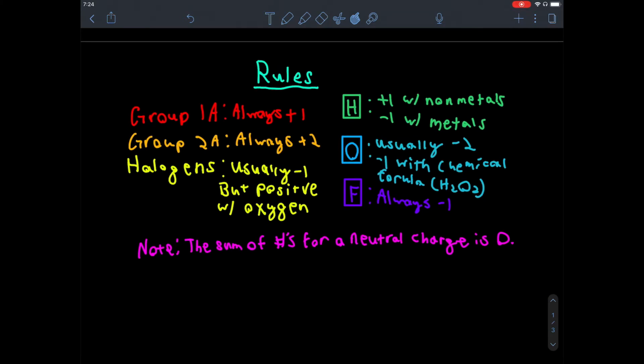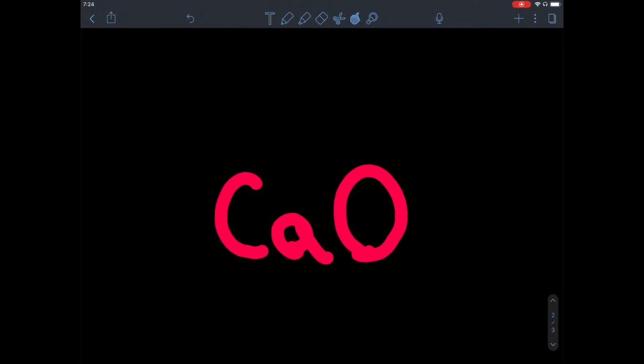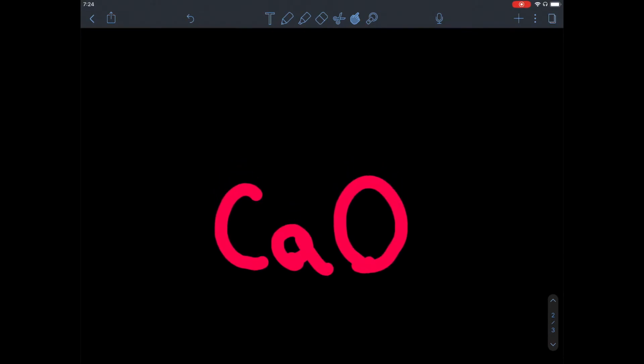Let's start off with a simple ion. Let's do CaO. Calcium, right here, is in group 2 of the periodic table, making the oxidation number +2.